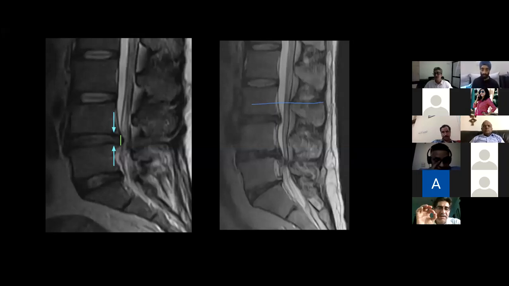About that fat and water, I want to make a little comment. There are two things, water and fat. I have heard the formula: water is white in T2. Now why we need STIR images is because there is a lot of fat in the bone.